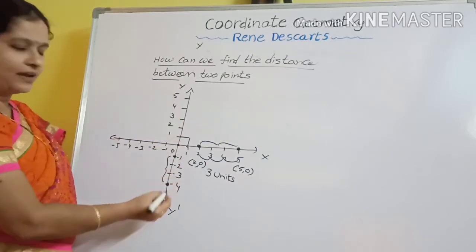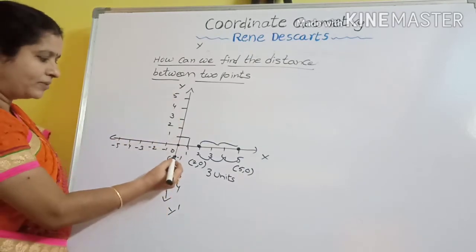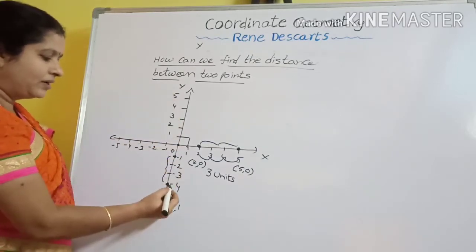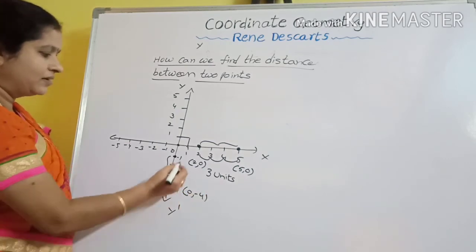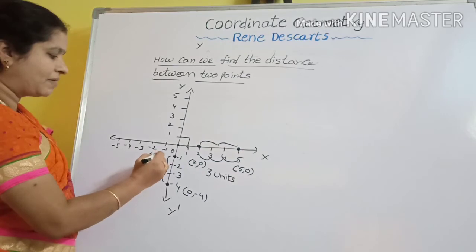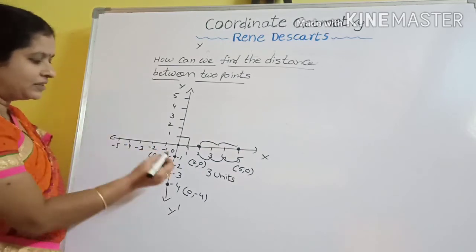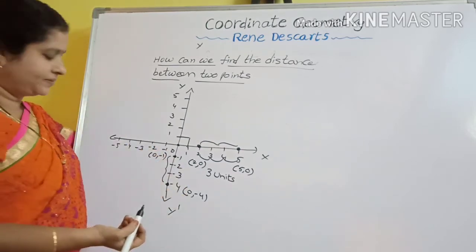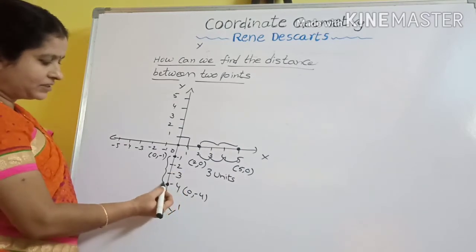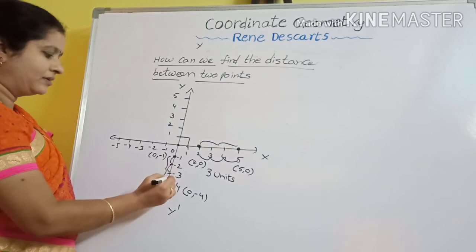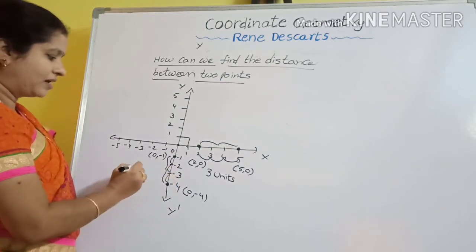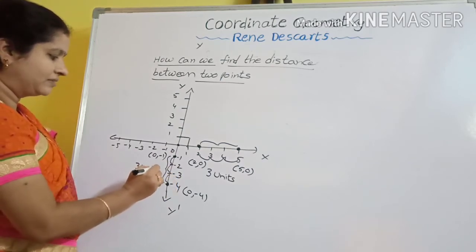The point is (0, -4) and here it is (0, -1). How many units distance is that? 1 unit, 2 units, 3 units. So here also 3 units distance.